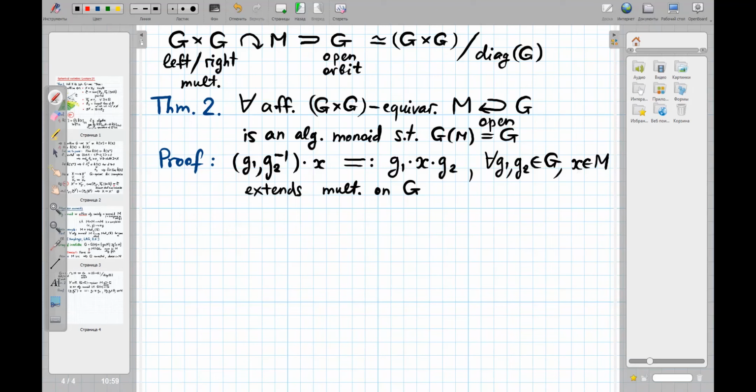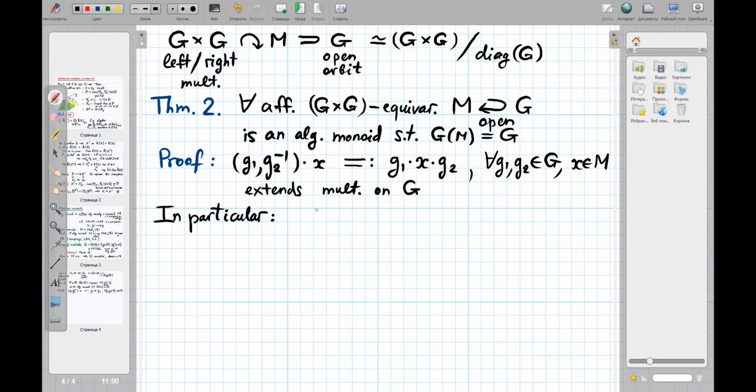Because we have an equivariant embedding, we have an action of G cross G on M, extending the multiplication action on G. In particular, if we take G2 to be the unity element, so we act by the first factor, we get the following map.